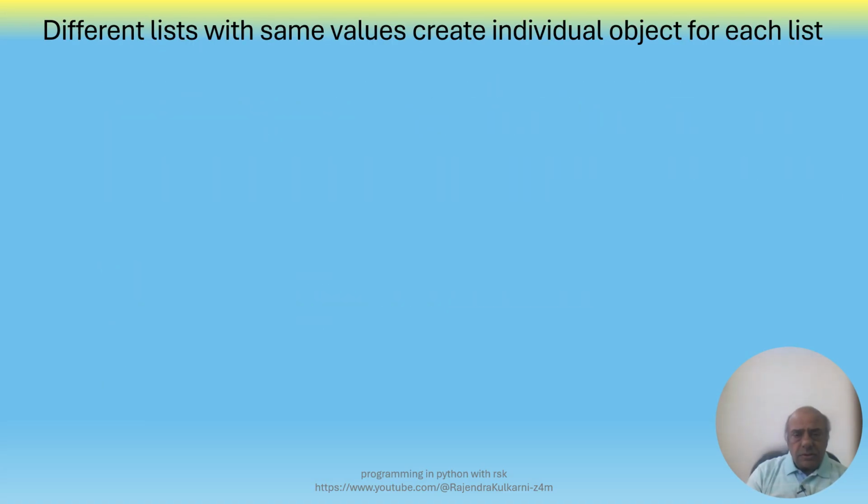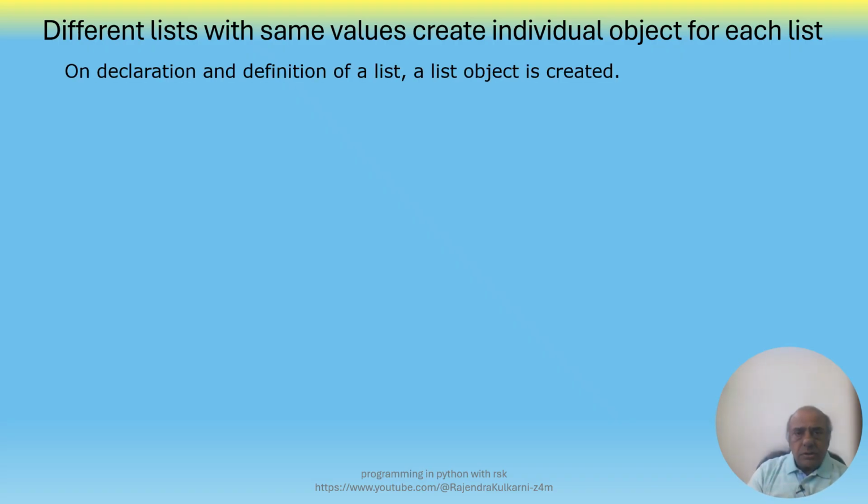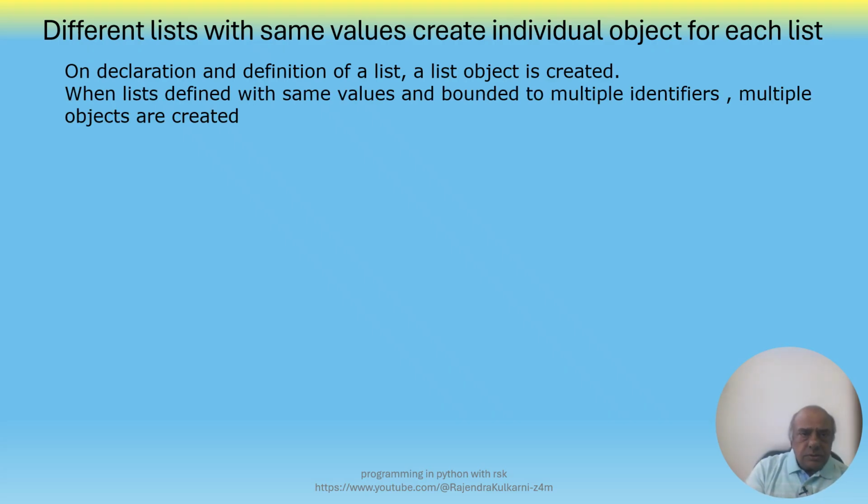In case of other collections or variables in Python, this is a bit different. Different lists, when created with the same values, will each have their own object created. When lists are defined with the same values but bound to multiple identifiers, multiple objects are created.